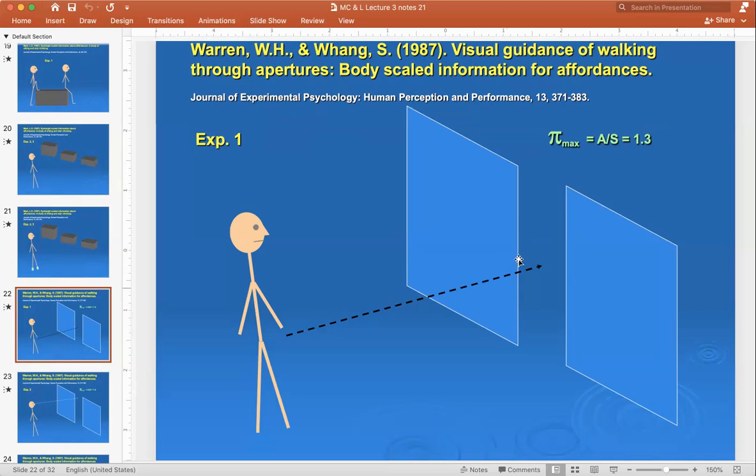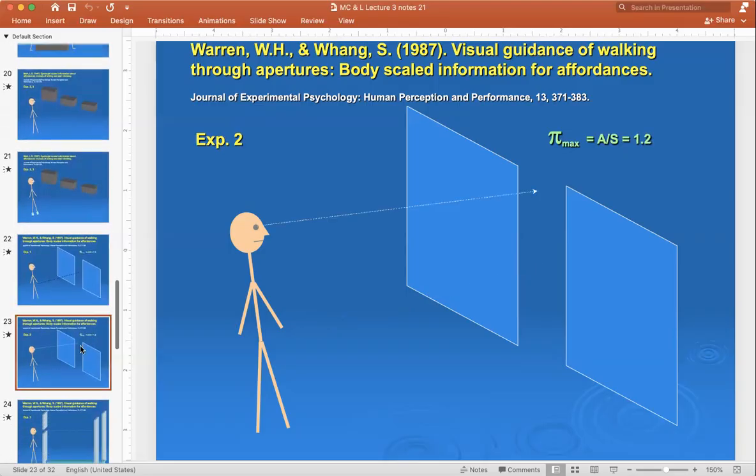Everyone turns to get through the doorway at that ratio. So again, this suggests people are using these body-scaled metrics rather than absolute measurements of the gap to govern action. Makes perfect sense, of course. Why wouldn't you?